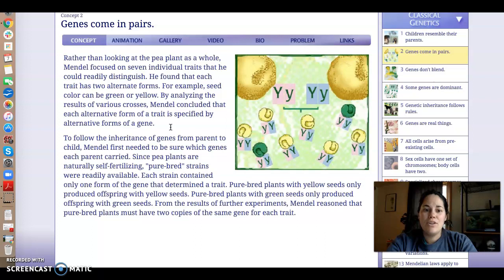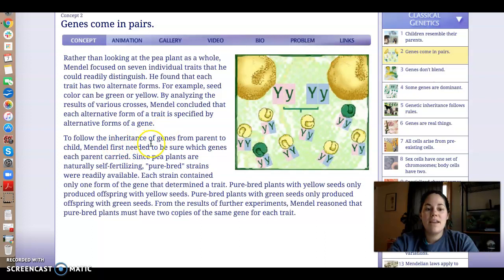So we would need to know the genetics in order to create only green peas to grow and put in our grocery stores. So we're understanding here that we have alternative forms of these traits, and that alternative form must be a different form of that same gene.